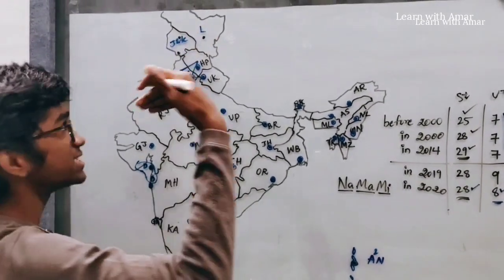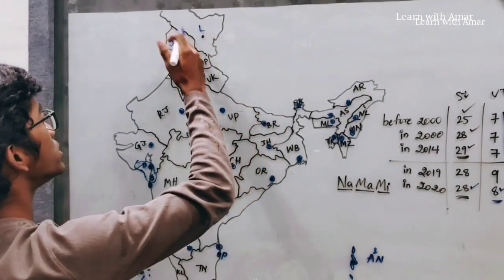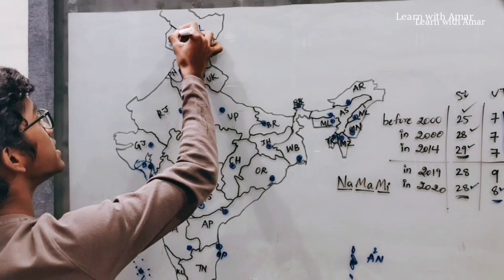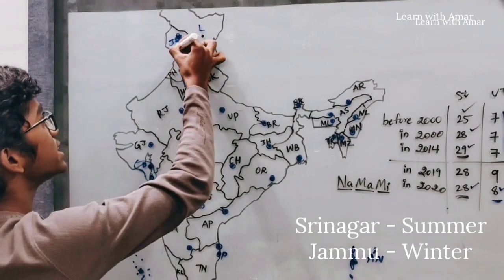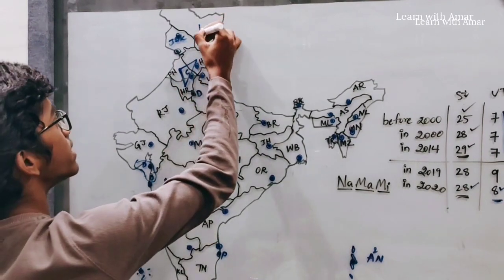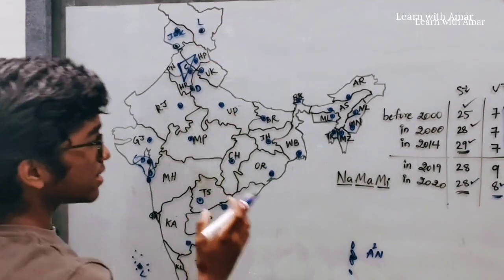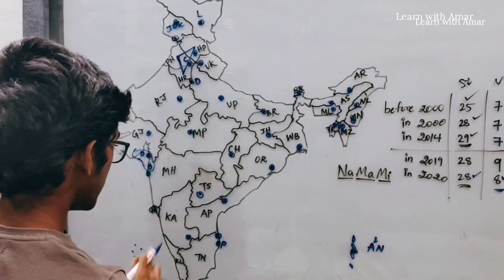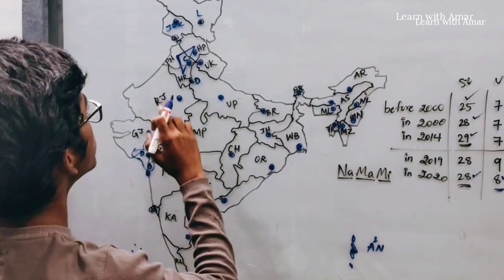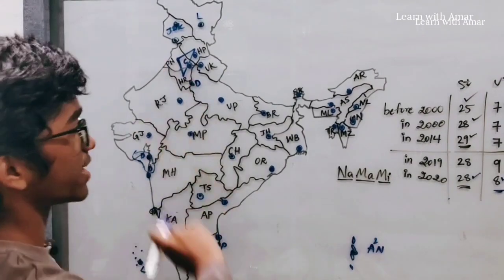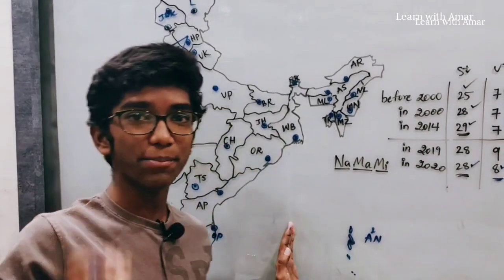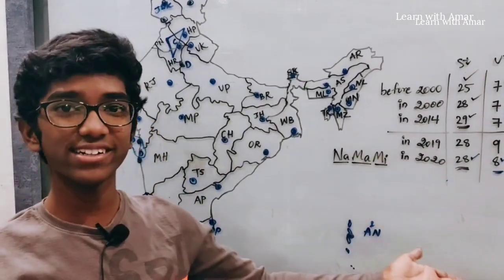Similar to the earlier state, here also the union territory has Srinagar as its capital city in the summer and Jammu as its capital city in the winter. Okay. Then Ladakh, Leh. 1, 2, 3, 4, 5, 6, 7, 8. So yes, we have completed the capital cities of states and union territories also. Thank you.